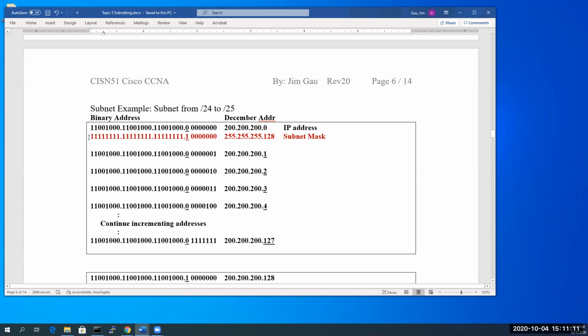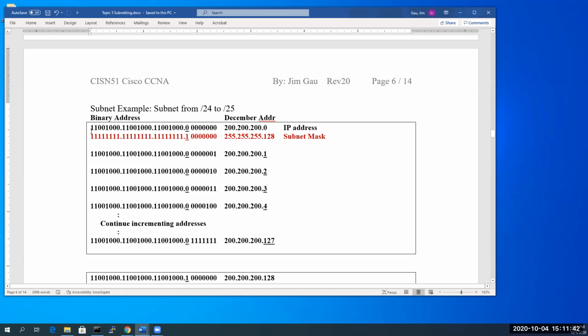You can have as many ones as you want, but once you see a 0, you 0 all the way. And as I said before, each IP bit has a counterpart, meaning a corresponding subnet mask bit that matches it. The first IP bit corresponds to a subnet mask bit of 1, and the second bit is 1 and the subnet mask is 1.